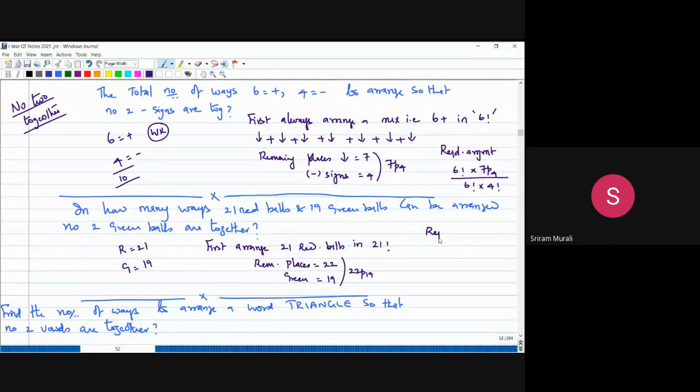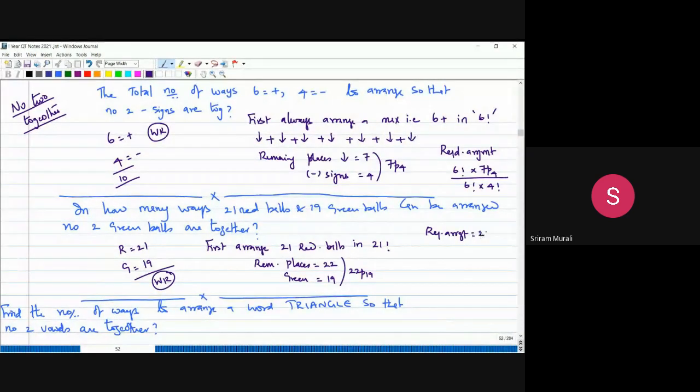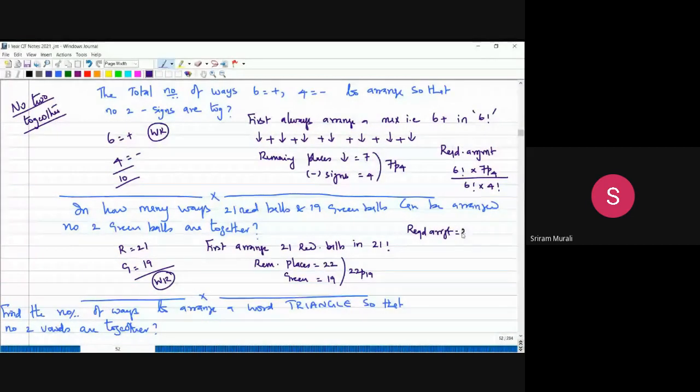Is the required arrangement with repetition or without repetition? With repetition, because all the red balls are the same. So the required arrangement will be 21 factorial into 22P19 divided by 21 factorial into 19 factorial.